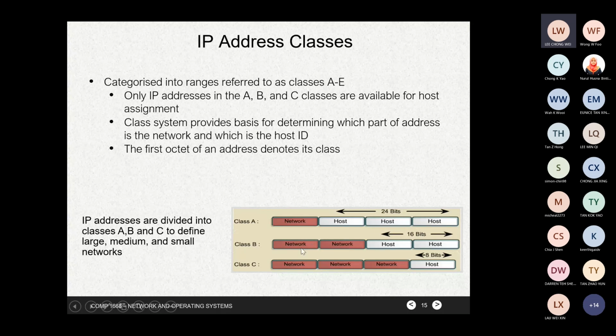Class B is 16 and 16. Again, class B is also quite difficult to get, also held by the big players. Whoever does not manage to obtain class A will go for class B: 2 to the power of 16 hosts, 2 to the power of 16 networks.